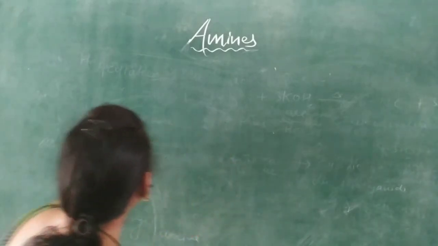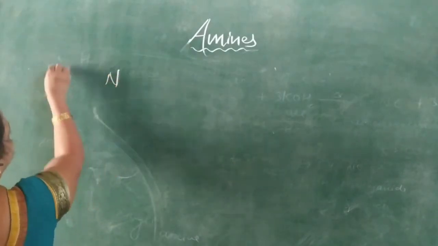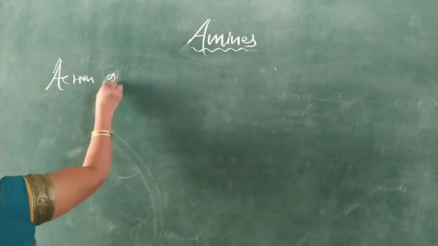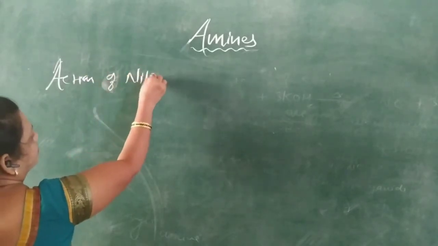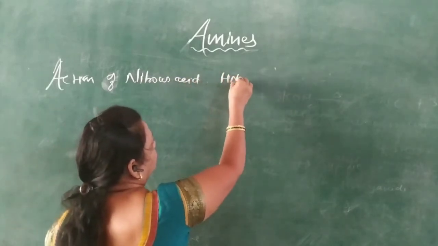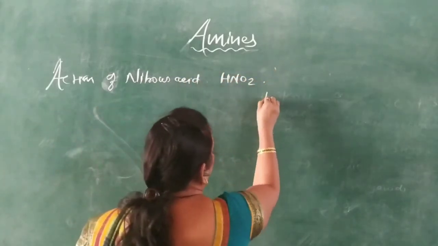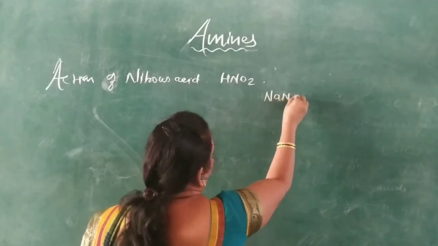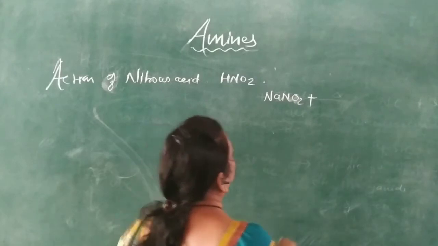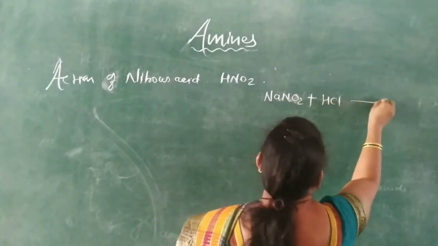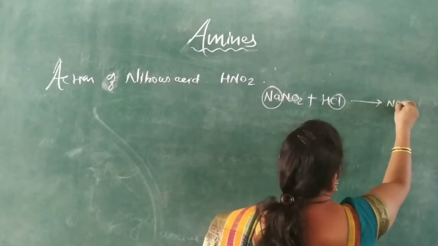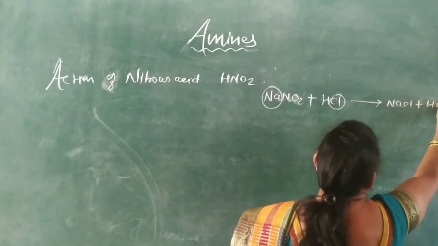Okay. Next one, action of nitrous acid. Nitrous acid means HNO2, and it can be obtained with the action of NaNO2 and HCl, where Na combines with Cl to form NaCl plus HNO2.